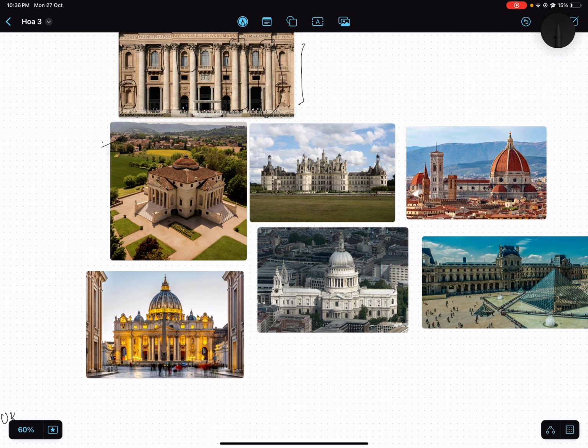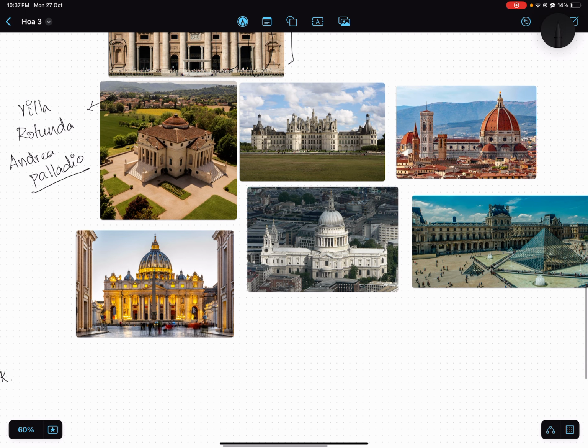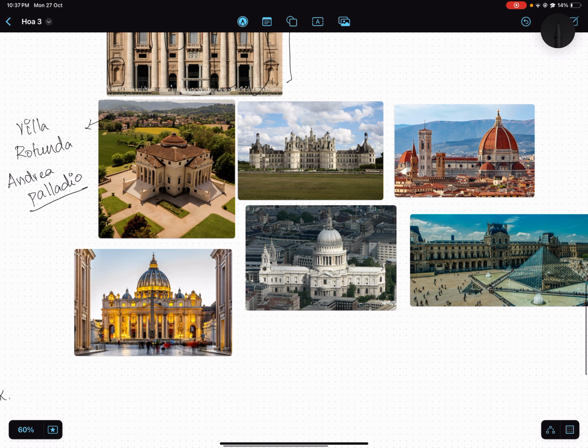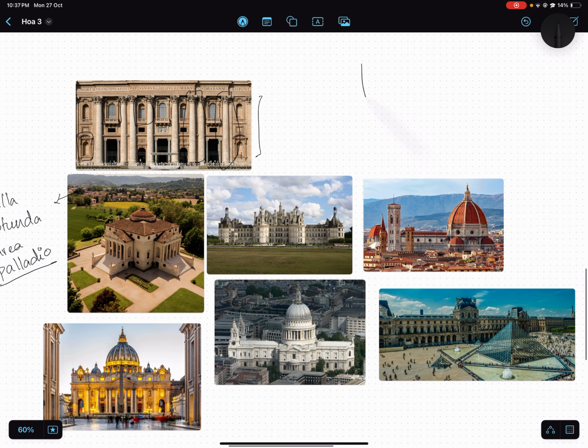This is Villa Rotonda by Andrea Palladio. The one thing I want to say about this plan, it's a very quick thing, is that it was a square plan.